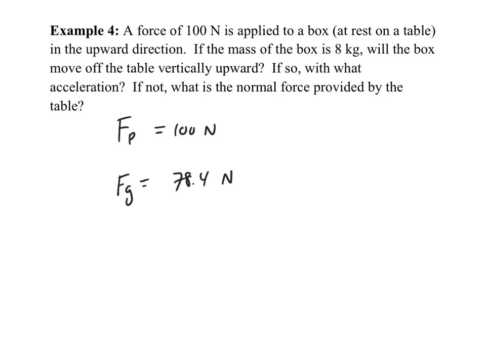And when it lifts off the table, there is no longer a normal force in the problem. Therefore, Fn equals 0. And we can follow up by saying, therefore, the acceleration does not equal 0. These are the keys to this problem. Because the vertical force applied is greater than gravity, it must accelerate.